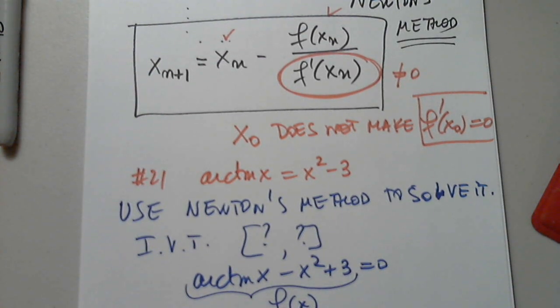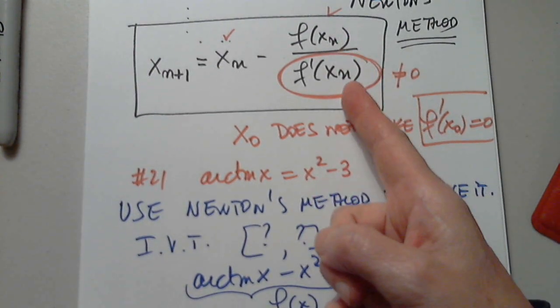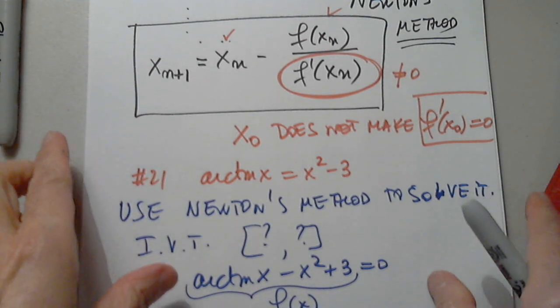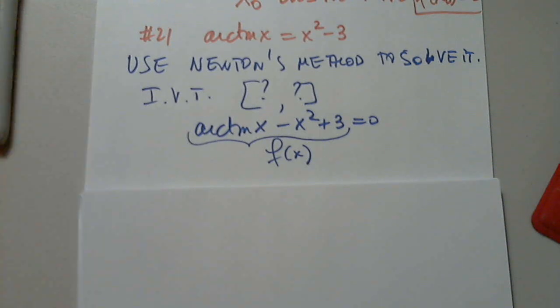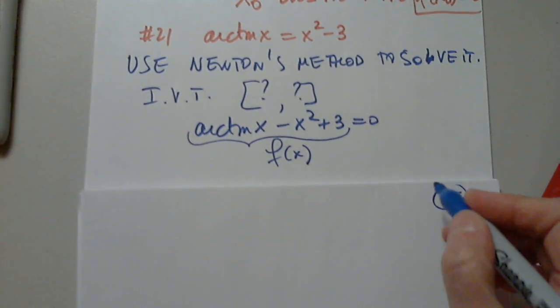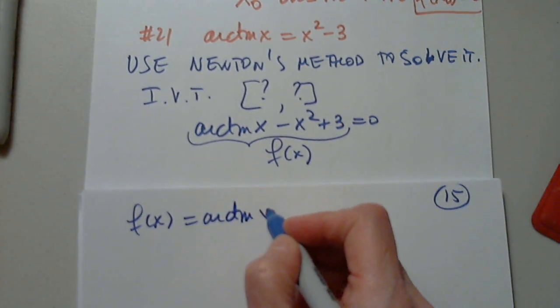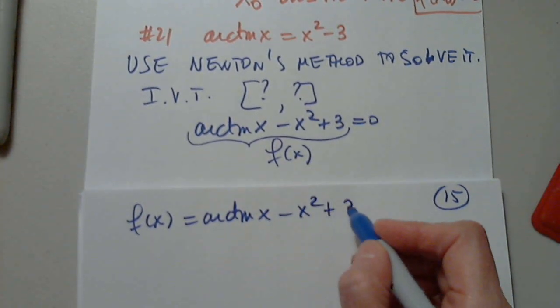This is the function that I have to work with, that I have to put here, and then I have to put here. So the function is arc tangent x minus x squared plus 3. So f of x equals arc tangent x minus x squared plus 3.